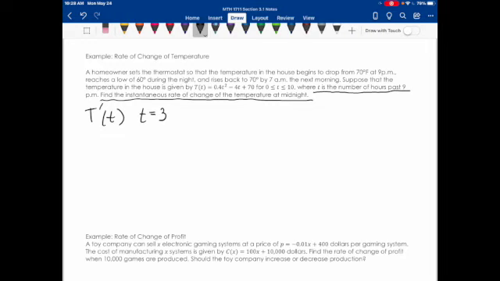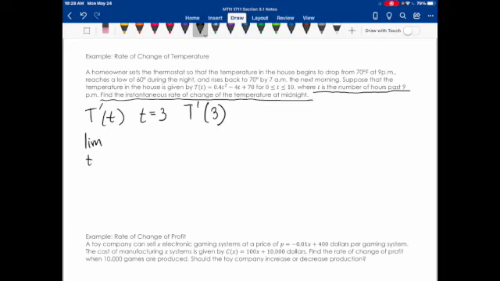And then it also says that t is the number of hours after 9 p.m. So if t represents the number of hours that are after 9 p.m., 3 hours have passed after 9 p.m. if you're talking about midnight. So we want to set t to be 3 hours. So what we're looking for is the derivative at 3.